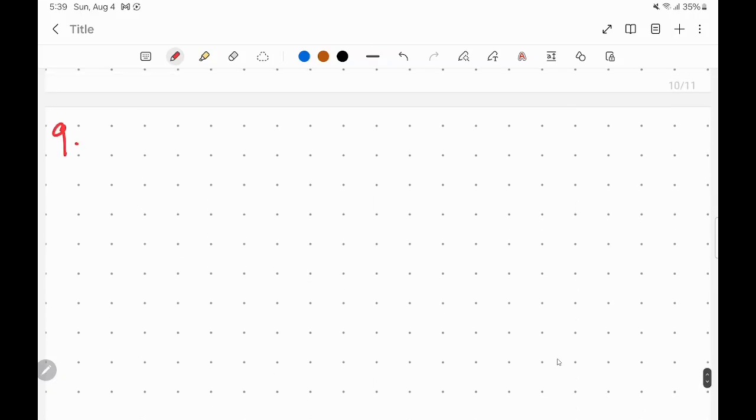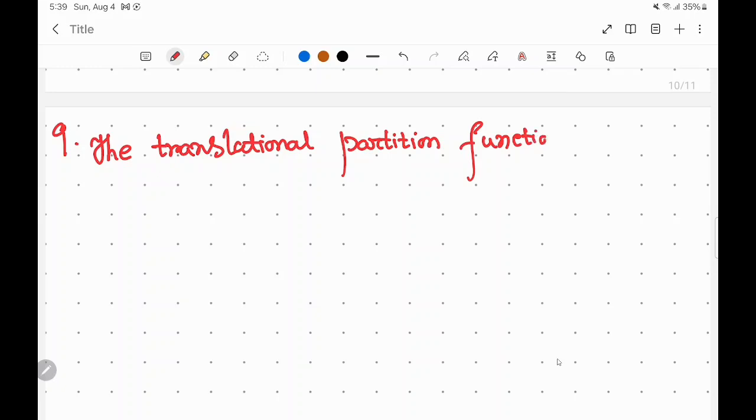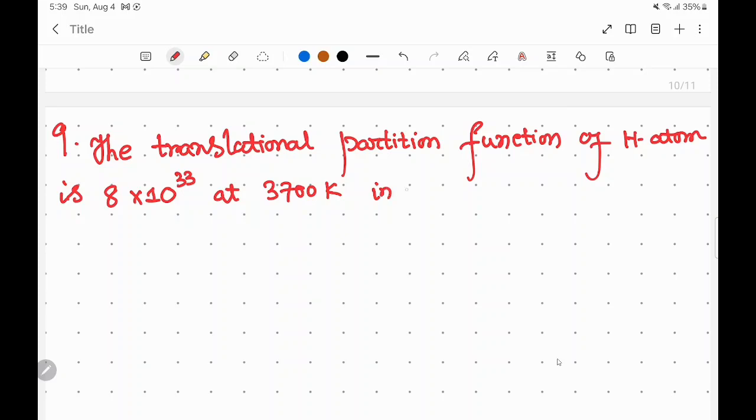This is again a straightforward question, formula based. The translational partition function of a hydrogen atom is 8 into 10 to the power 33 at 3700 Kelvin in a volume of 0.064 meter cube.